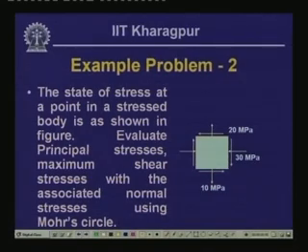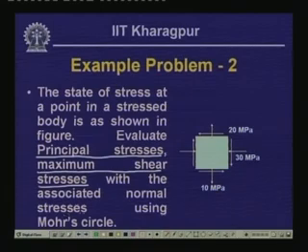This particular problem states that these are the stresses acting with the rectangular axis system, which are sigma x, sigma y and tau xy, and we will have to evaluate the principal stresses, the maximum shear stresses along with the associated normal stresses, and we will have to use Mohr circle to evaluate these quantities.